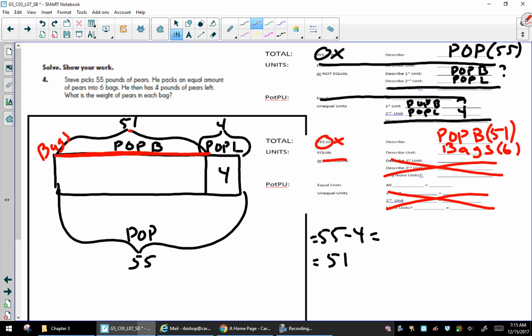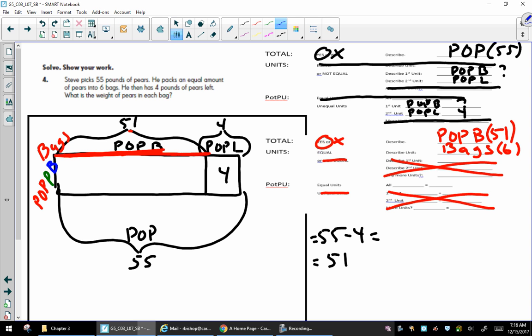Now my pot poo here is pounds of pears from the bags per bag, or pounds of pears per bag. Pounds of pears, that's your pot, because that's part of the total, per bag.